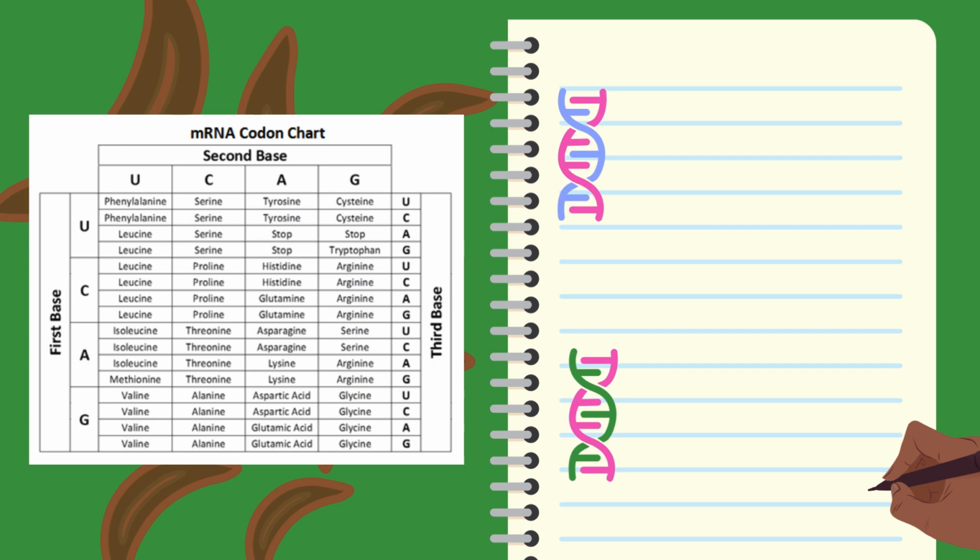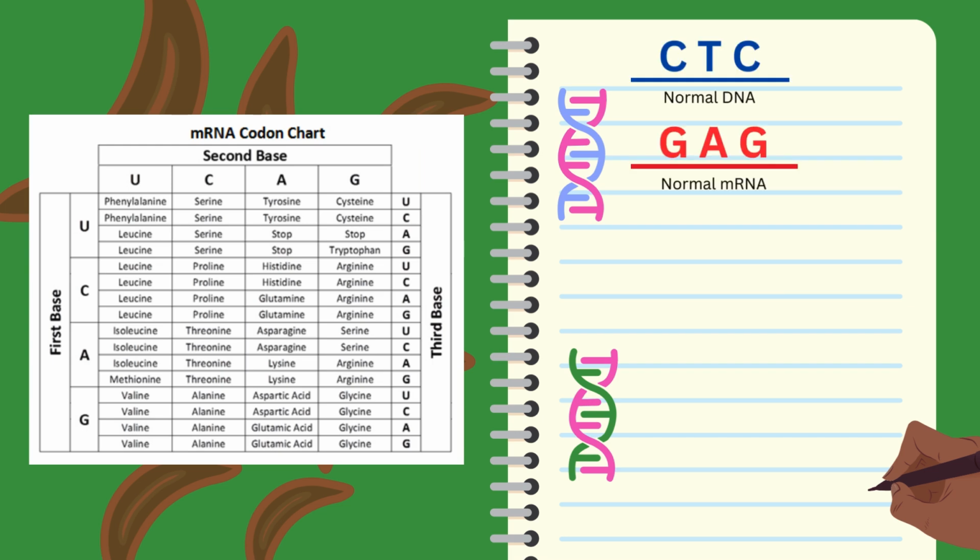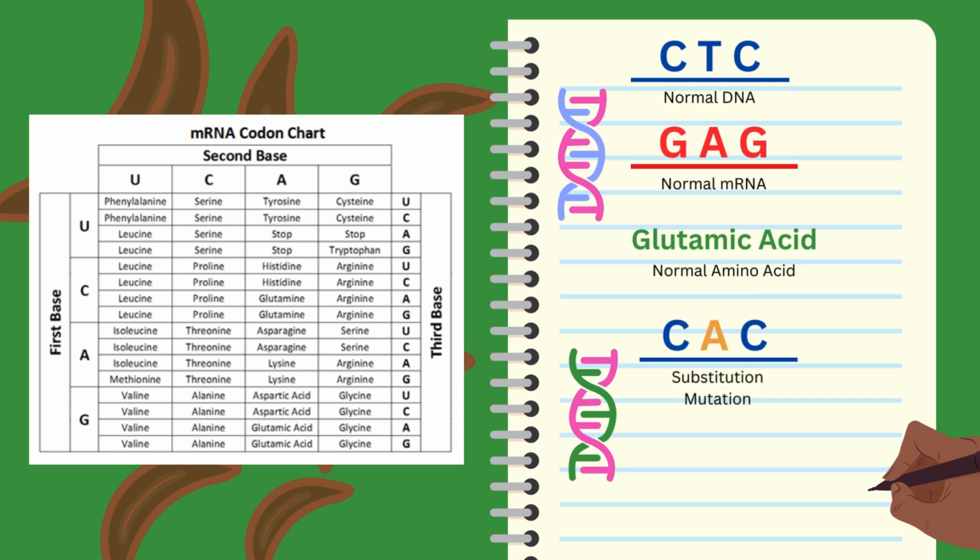This is a segment of the normal hemoglobin gene of 3 nucleotides, CTC, and this is the normal mRNA that's transcribed from it, GAG. This mRNA is translated into the amino acid sequence, where GAG codes for glutamic acid. Now, here's the sickle cell version of the same DNA nucleotide sequence, CAC.